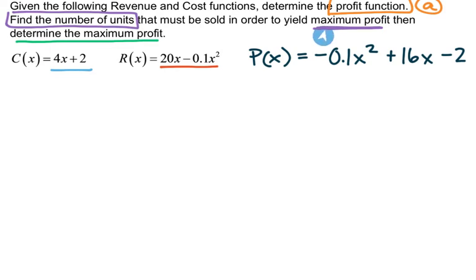Because we see the word maximum, that lets me know that the max or min value would be occurring at the vertex. Looking at that leading coefficient, my A value is negative, or less than 0, so I have a parabola that opens down. That means the maximum is going to occur at the vertex.